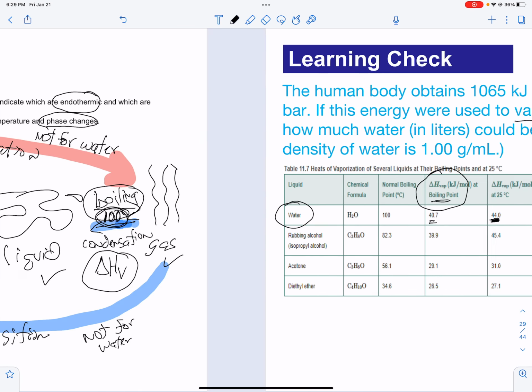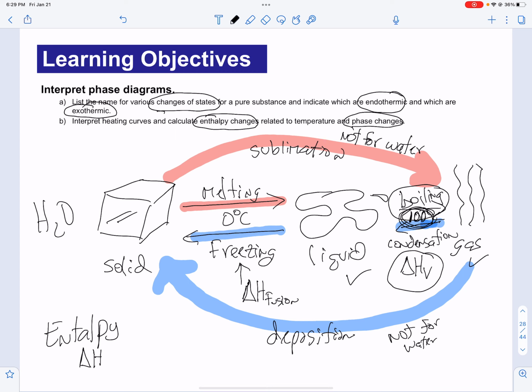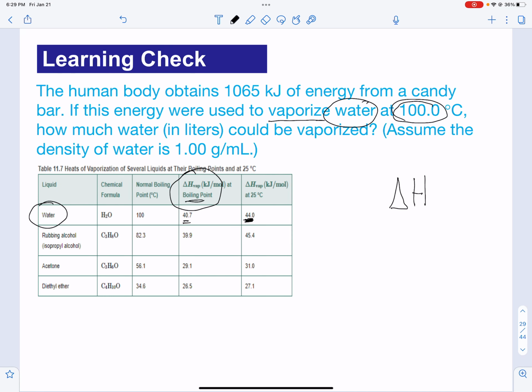That's why it's important that you know the temperature at which the phase changes are happening. So this is vaporization, and the delta H that applies in this case is 40.7 kilojoules per mole. And in this case, we're talking moles of water.